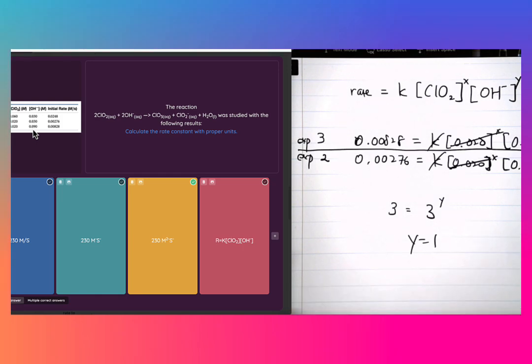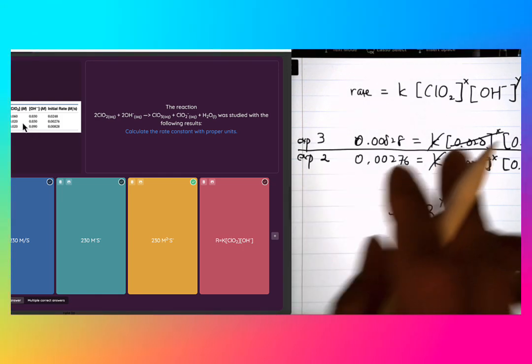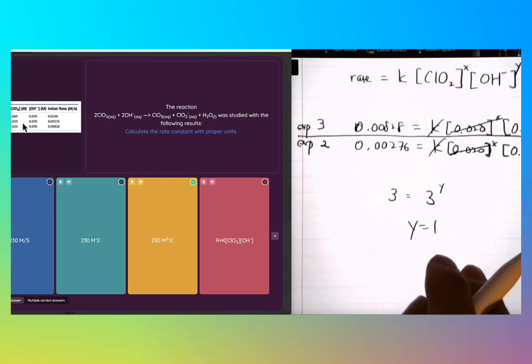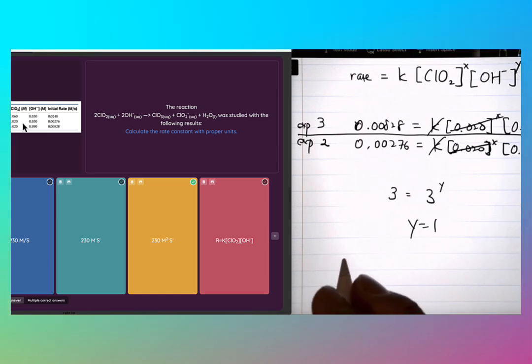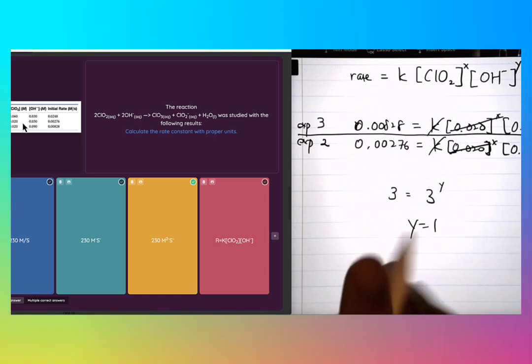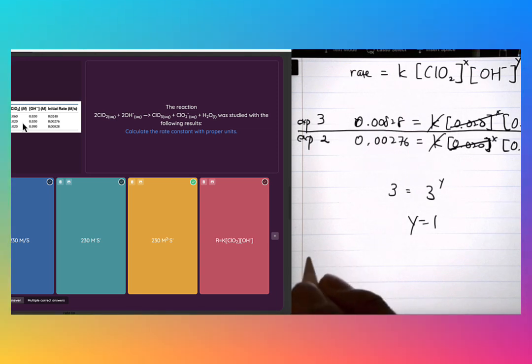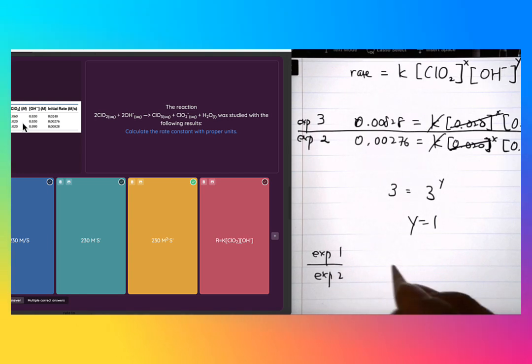Okay, now that we determined that, we can also find the variable X. So this time we can choose experiments 2 and 1, and experiment 1 is definitely bigger. I'll choose experiment 1 on top and experiment 2 on the bottom.